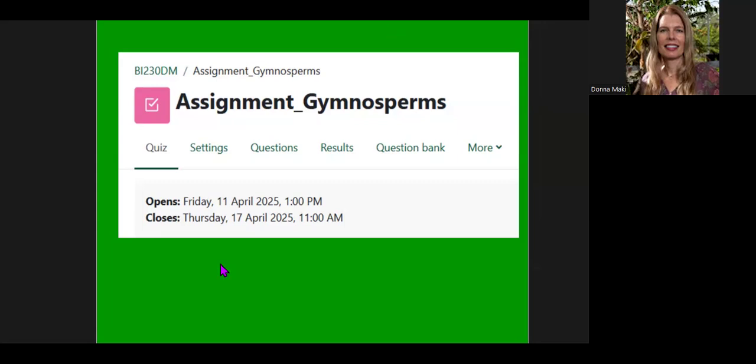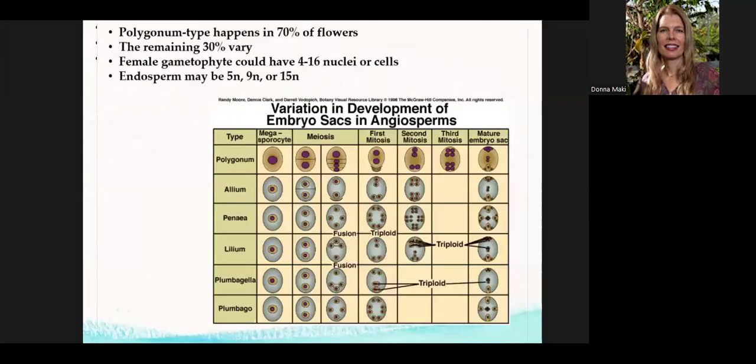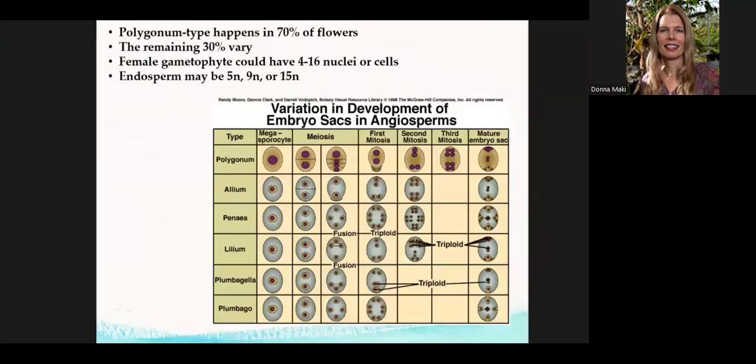So we left off looking at angiosperms. We have the different life cycles, essentially of how they get their embryo sacs or their megagametophyte established. I only want you to know the polygonum type from start to finish, which is short because you just have that megaspore mother cell or megasporocyte going through meiosis.